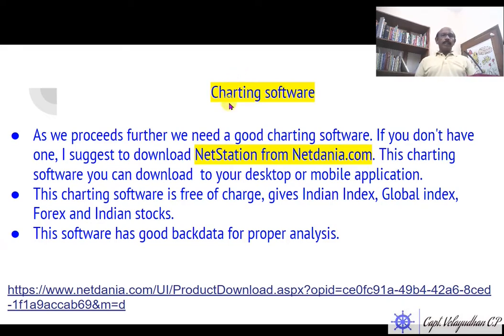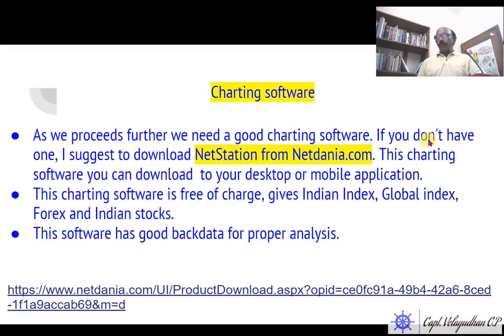We need a good charting software for trading and investing. We went briefly over charting software in the previous session, so I am not going into that.